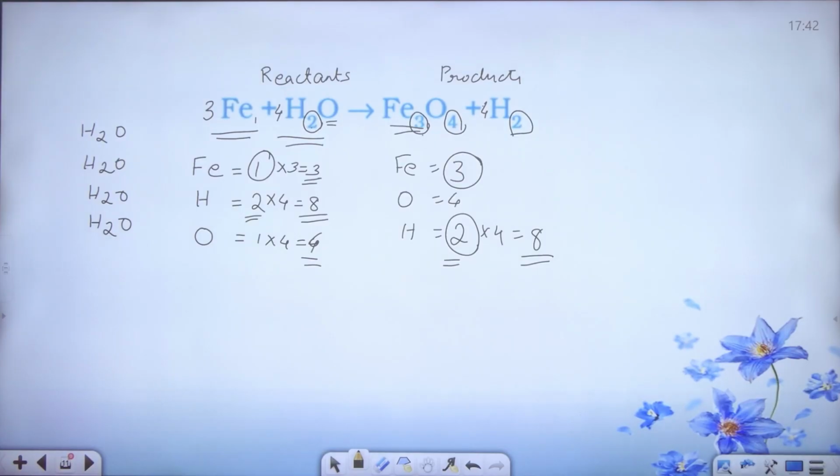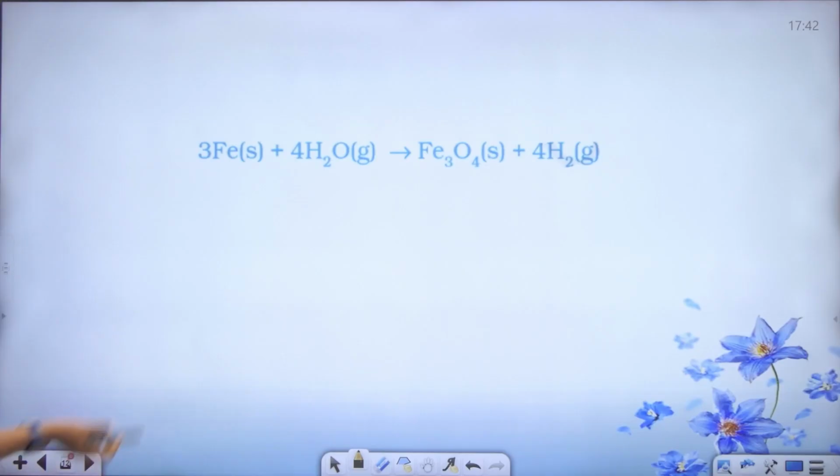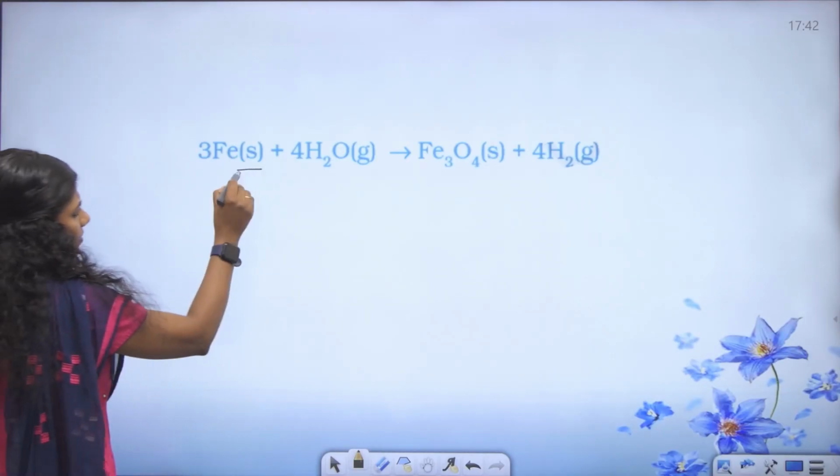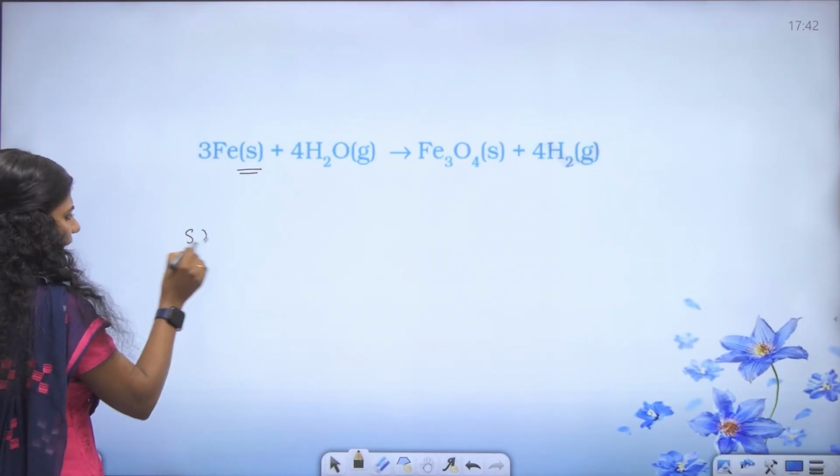3Fe plus 4H2O gives Fe3O4 plus 4H2. Okay, is it clear? This equation is a balanced equation. Then writing the symbol of physical state. If the substance is solid, we write S in bracket.